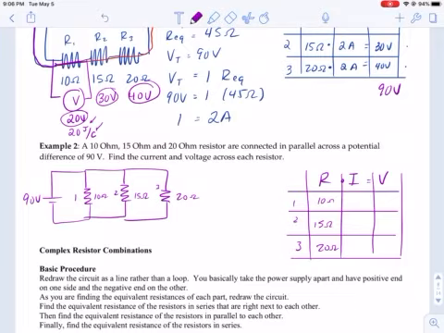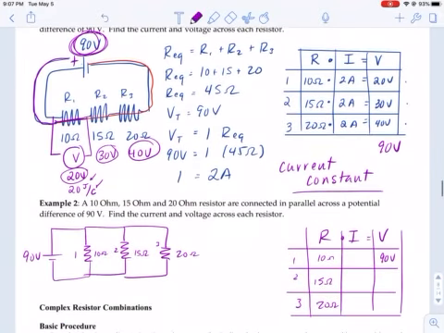Now, in this case, the voltage across each resistor is 90 volts. That is a property of parallel circuits. So you may notice in this top one, the current was constant in series.